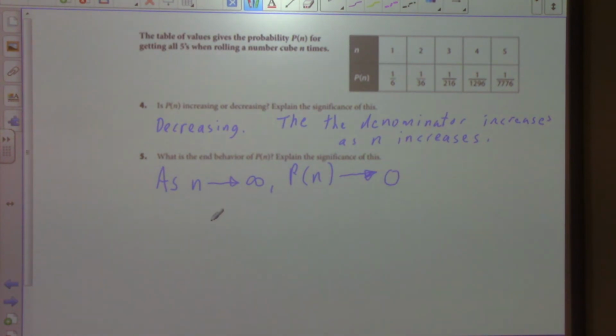Yeah, so you can just translate this to English, and it's similar to what Marcus would write: as n gets closer towards infinity, probability approaches zero, right?